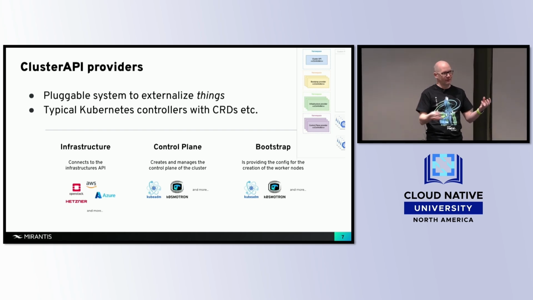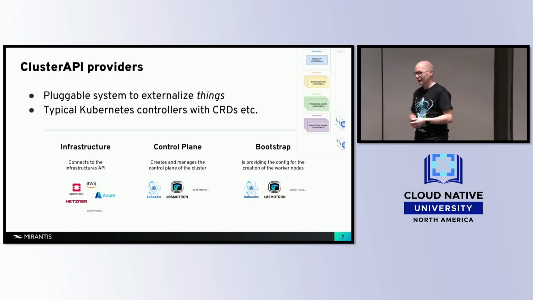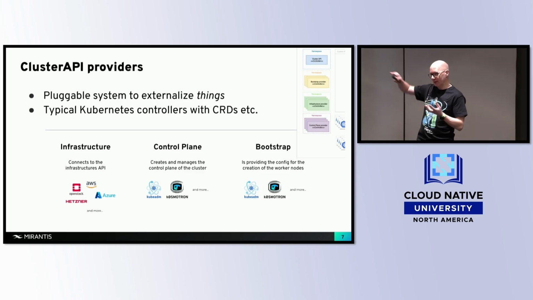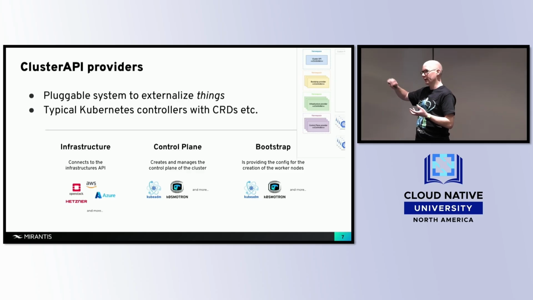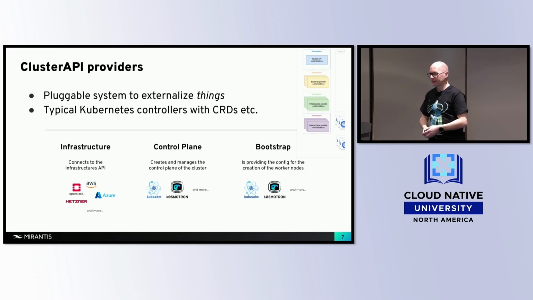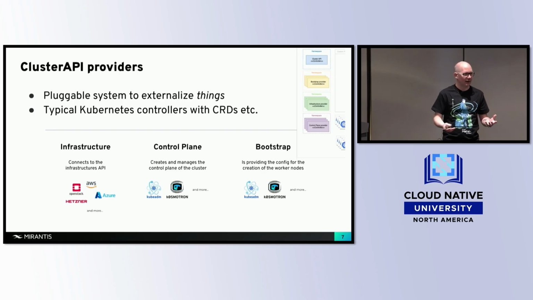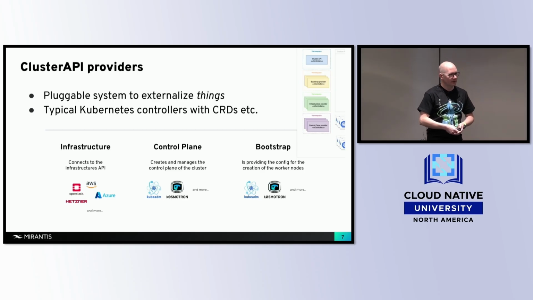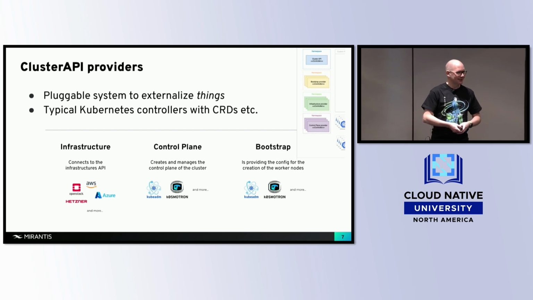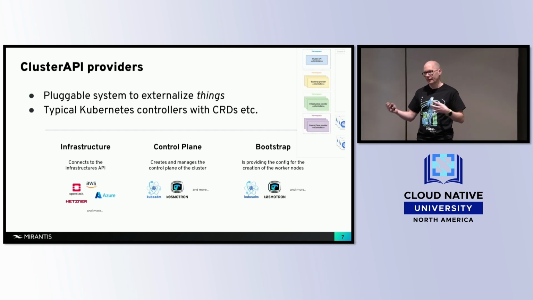They built all the different cloud providers within the Kubernetes code base, and it became pretty unmanageable. So there was a separation. They ripped out all the different storage providers for different cloud providers and those kinds of things, and externalized them. Hid them behind different interfaces like CSIs and CNIs and whatnot. Cluster API used those learnings and built things in a pluggable way from day one.